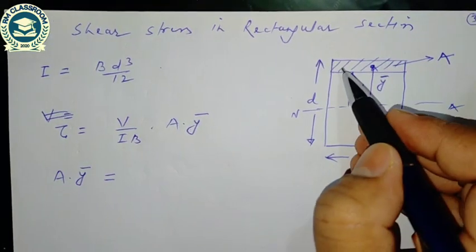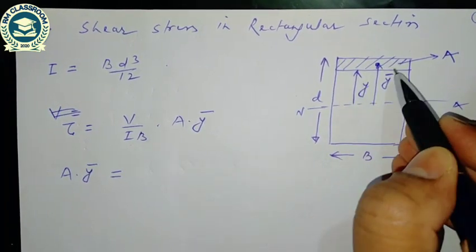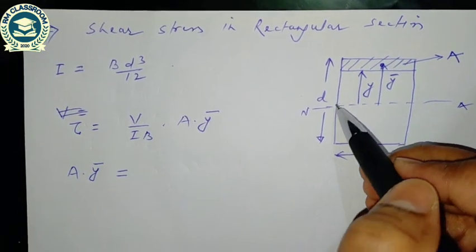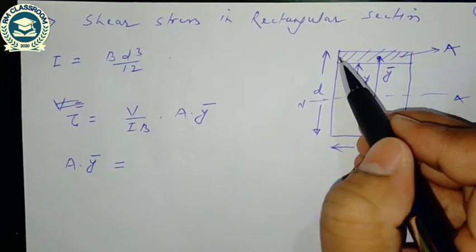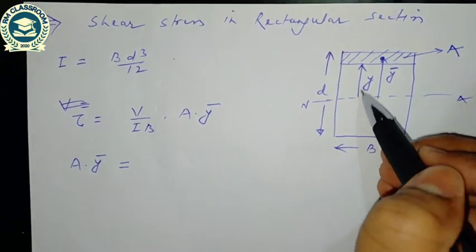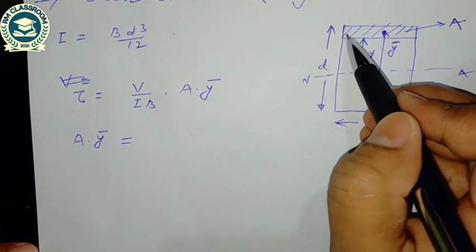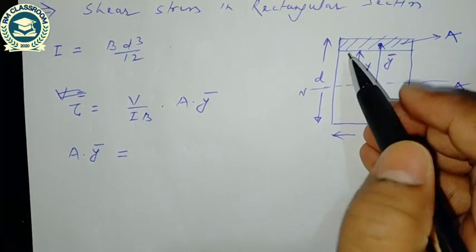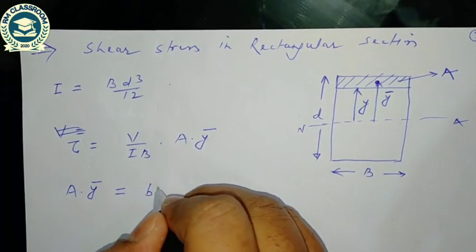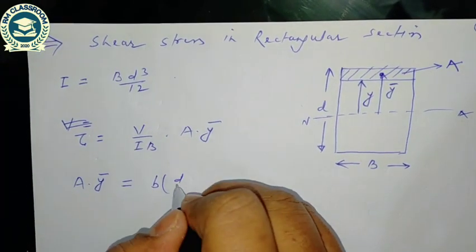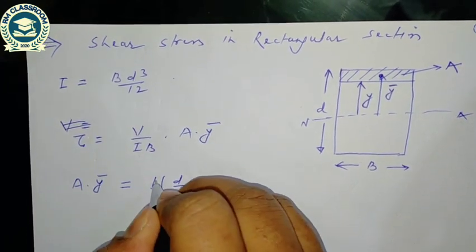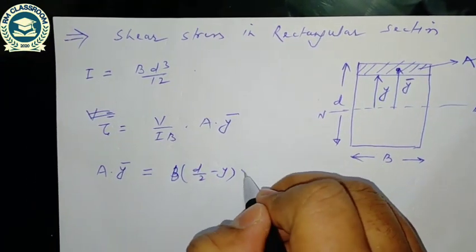So what is the area? I have taken this section, so the area of this section is how much? This distance is d by 2, this is d by 2 and this is y, so this one is d by 2 minus y. So area is B into d by 2 minus y, into y bar.